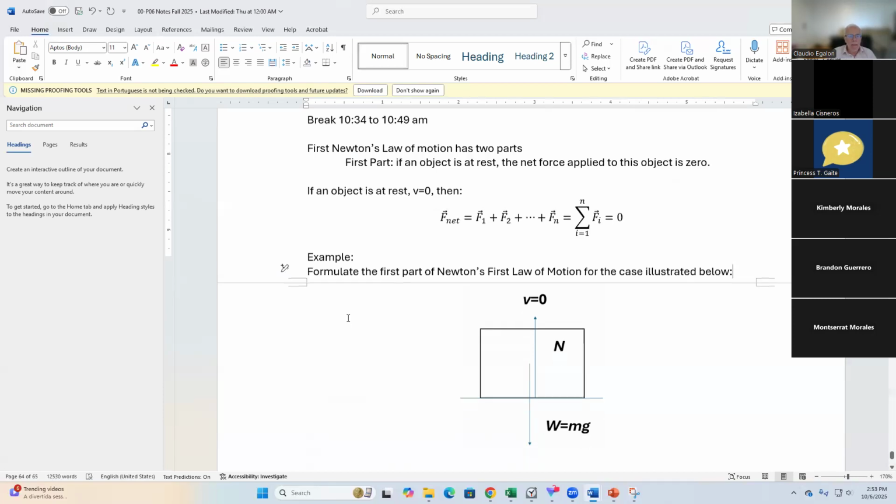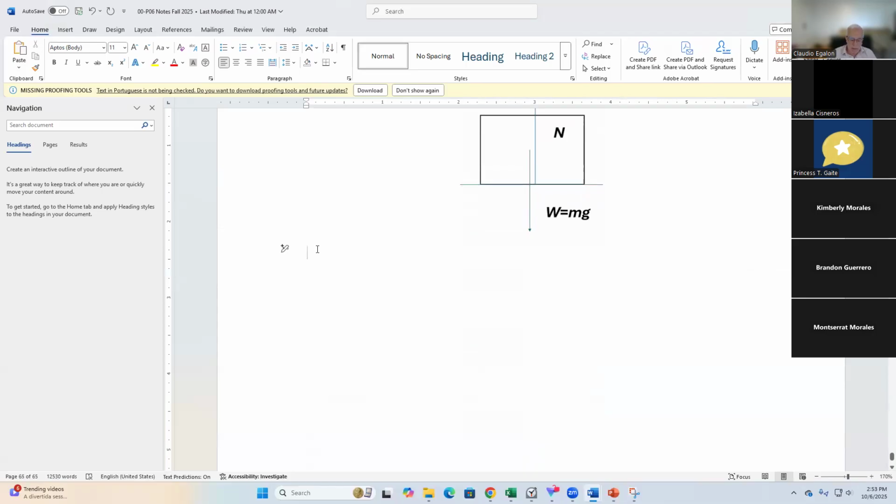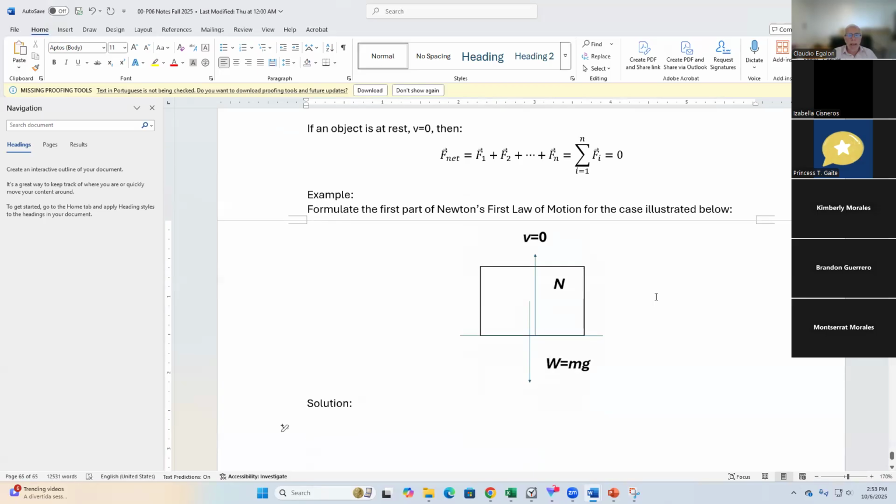Okay? So here you go. Solution. That's assuming that we know the weight, the normal and the mass of the object.